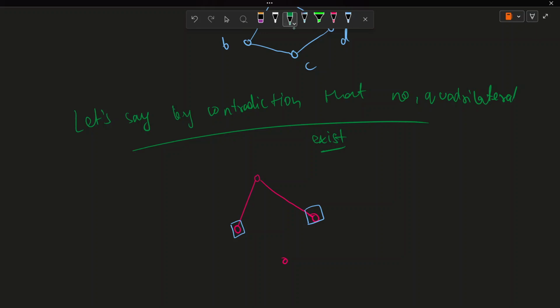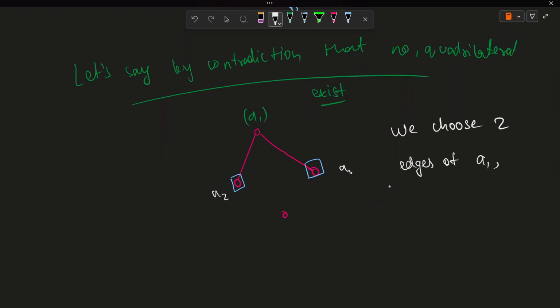Suppose this is A1. We choose two edges of A1. Let's say for example that these are A2 and A3. Very generally, I'm giving an example. So we choose two edges of A1.